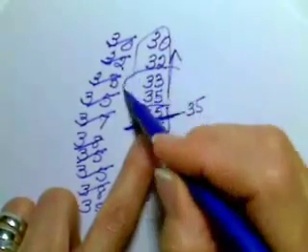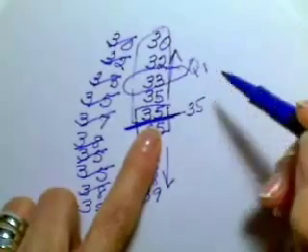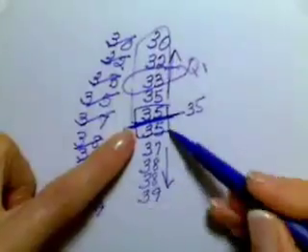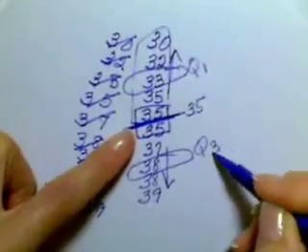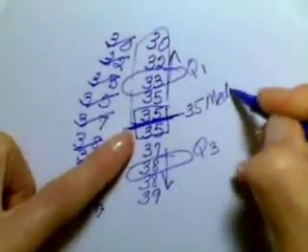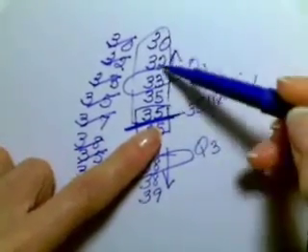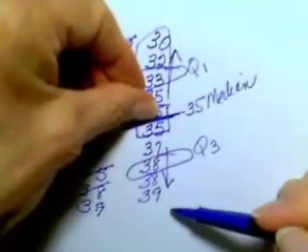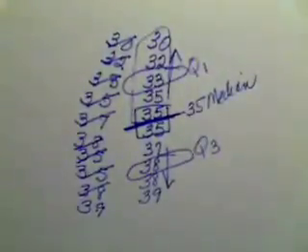Well, the middle of 5 is 33, so that's quartile 1. And then I'll find the middle of these 5, which is 38, so that's quartile 3. So I find the median, and then I find the median of the top half, and then I find the median of the bottom half, and that makes 4 categories.